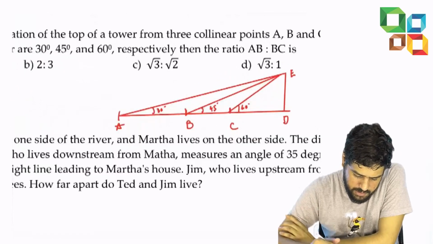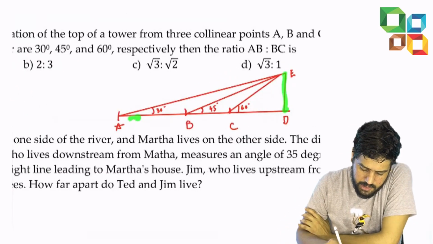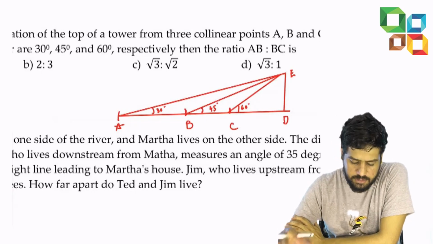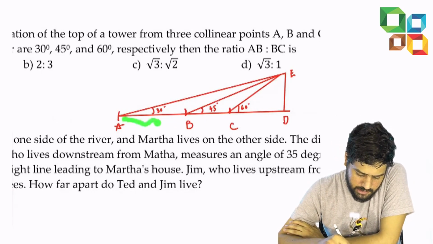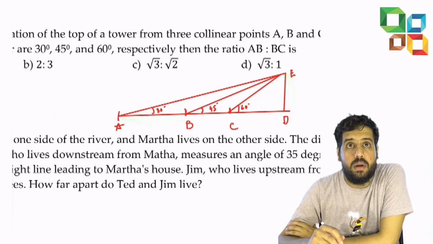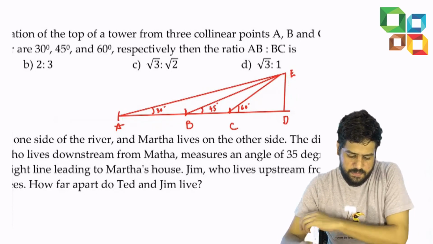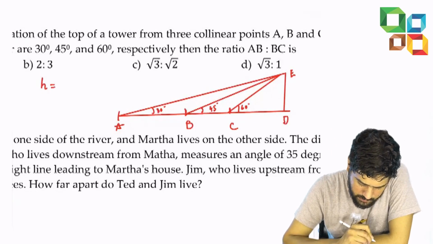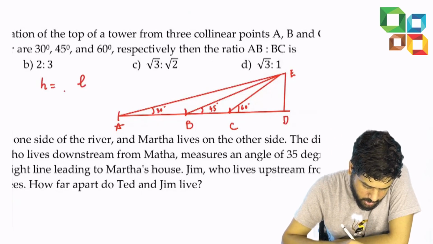Tan 30 will be this height upon this height, right? I gave you a direct formula, no? If you know this length, you can calculate the height, right? What was the formula? H is equal to L by cot alpha 1 minus cot alpha 2.